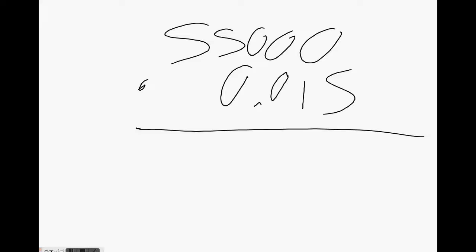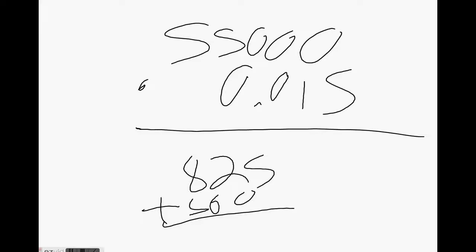You multiply 55,000 by 0.015, and you get $825. Plus the 500 he makes in addition every week. So his total is $1,325.